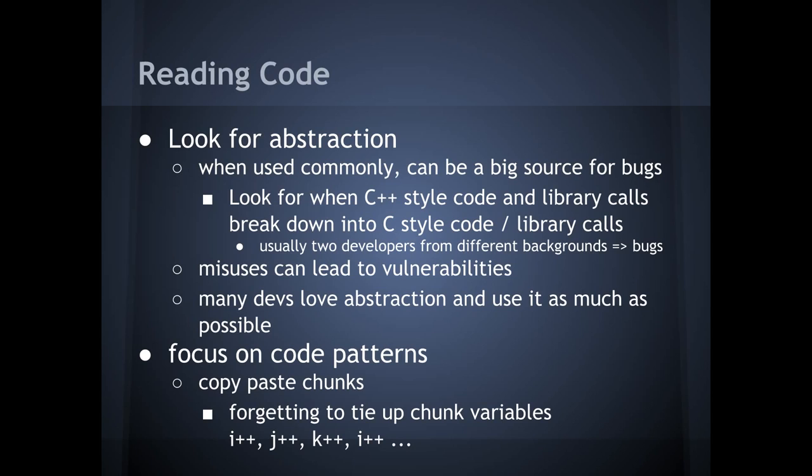And something I saw on Twitter, which I've tried to start using more in my own code auditing, is to look for where C++ style code and library calls break down into just regular old C style code. That usually indicates that one developer has handed a project to the other, they have two different backgrounds, and they're likely to do some stuff buggy.